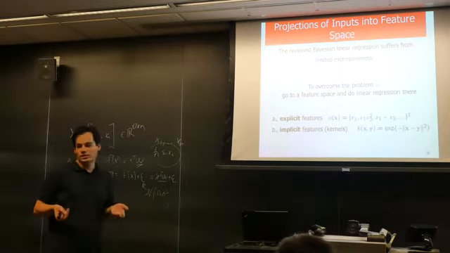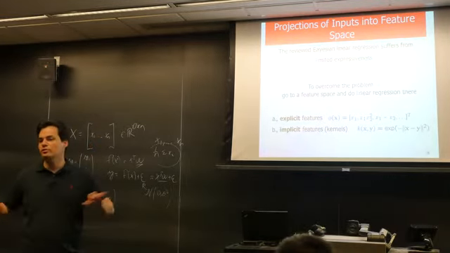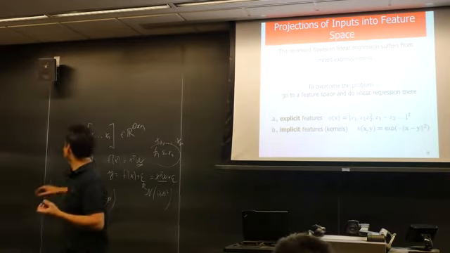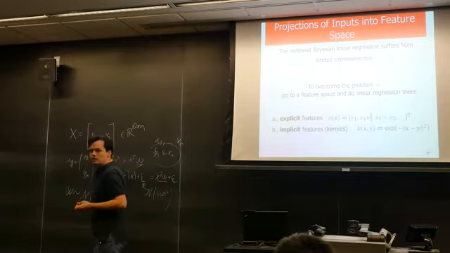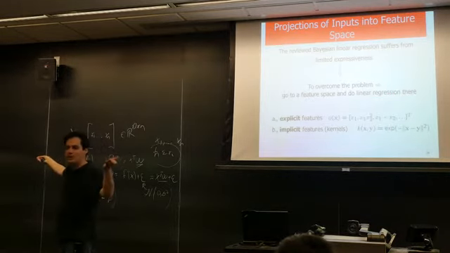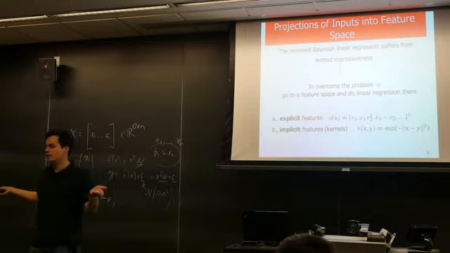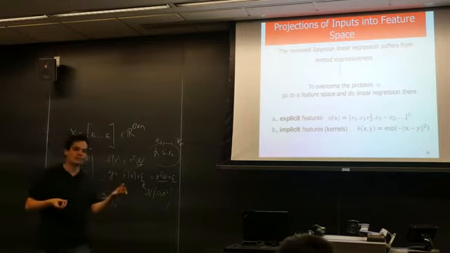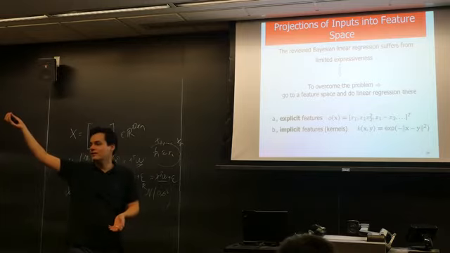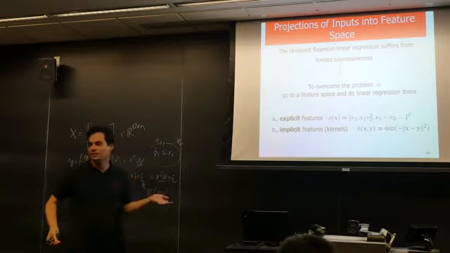Now the question is, in practice it often won't work well, so what we want to do is transform the observed inputs to a feature space first and do linear regression in that feature space, and we might get better accuracy there. That's what we do in support vector machines. You transform your inputs to a reproducing kernel Hilbert space, and you do linear classification there.